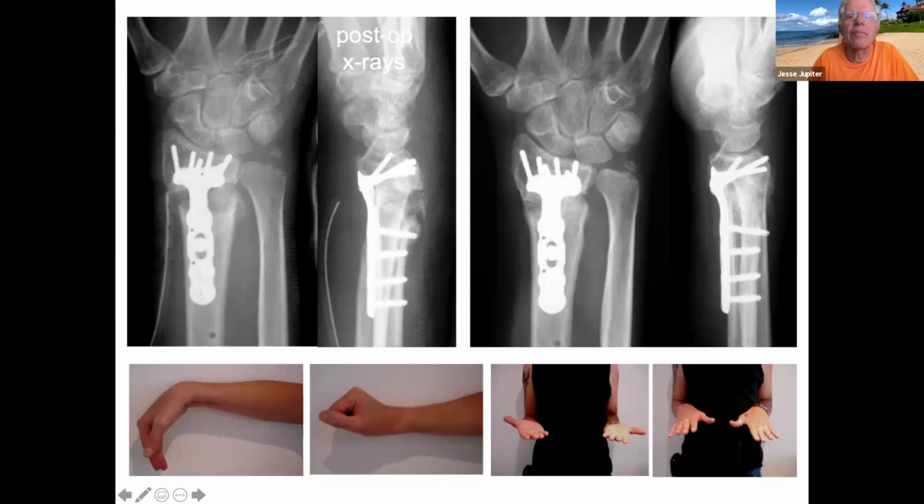So I think we hopefully have addressed our challenges. We've identified what deformity does to function. We've identified the approach in preoperative planning, the use of newer methods of imaging.